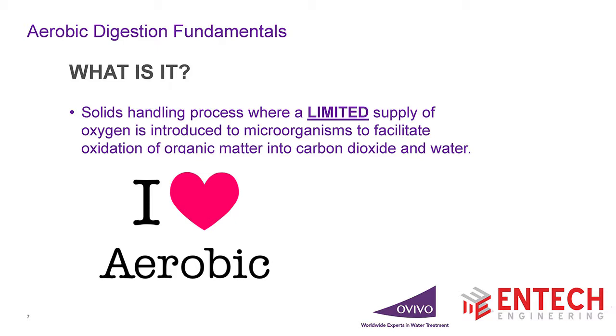As the bacteria oxidize the solids, they create heat. So by managing the oxygen and managing the heat, we can get an awful lot done with these processes, and from a mechanical perspective, it is pretty simple. So let's go on to the next slide.